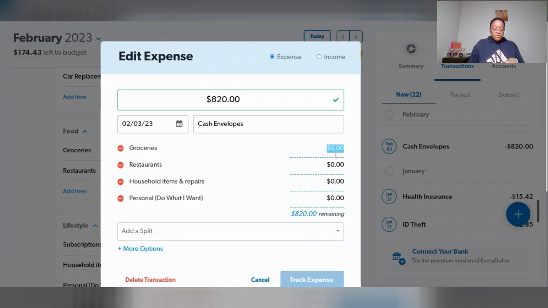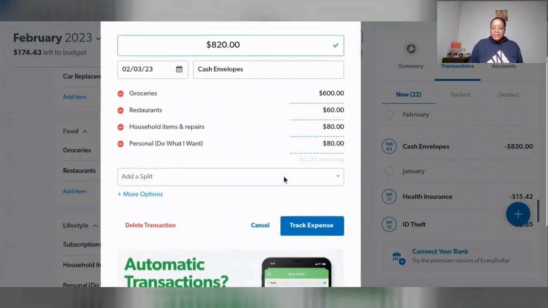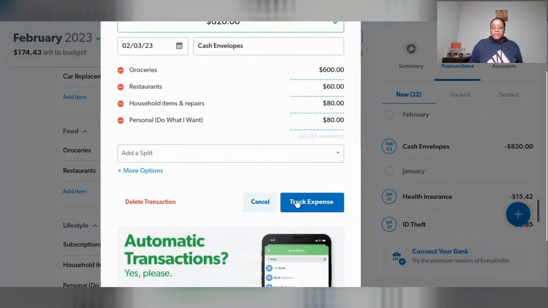All right, so let's put in 60, and this was February, so 60. And that was my first time not using that money. I was like, oh, Tracy, go, Tracy, go. All right. And so all of that is spent up. So I'm going to track all of that.